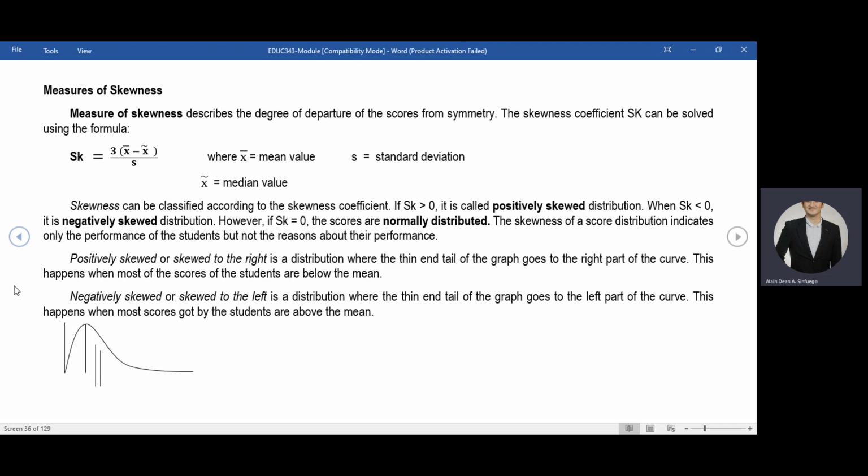The skewness coefficient, or SK, can be solved using the formula. Skewness coefficient is equal to 3 times the quantity x bar minus x tilde, all over S. Your x bar there is the mean value, x tilde is the median value.